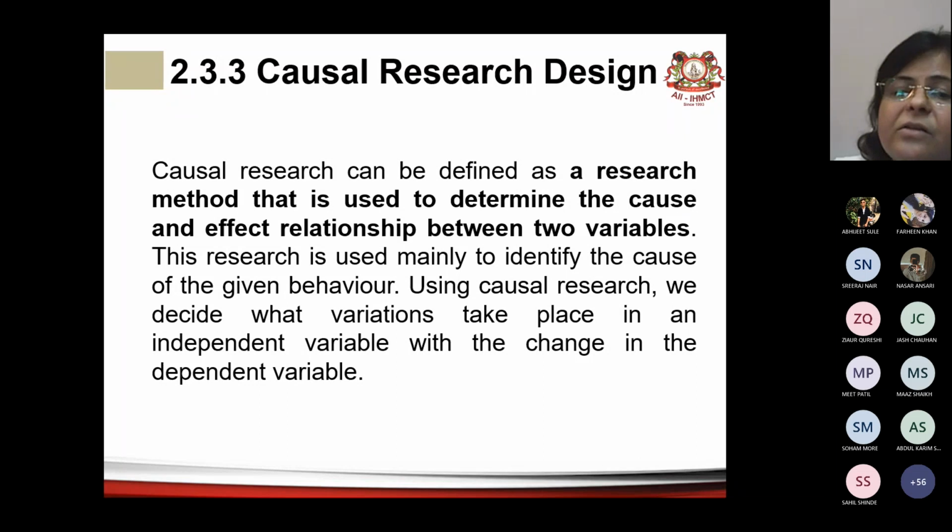Okay. Causal research can be defined as a research method that is used to determine the cause and effect relationship between two variables. This research is used mainly to identify the cause of a given behavior. Using causal research, we decide what variations take place in an independent variable with a change in the dependent variable.